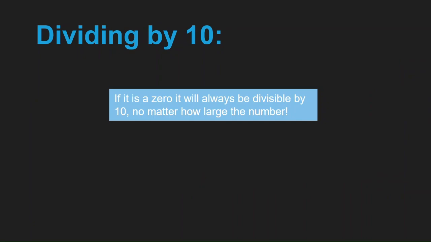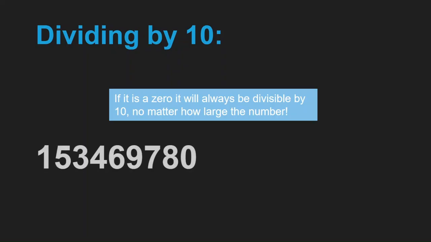And 10, also a simple rule. If it has a 0 at the end, it will always be divisible by 10, no matter how big the number. 10, 20, 30, 40, right? All divisible by 10. 1 million divisible by 10. 153,469,780.